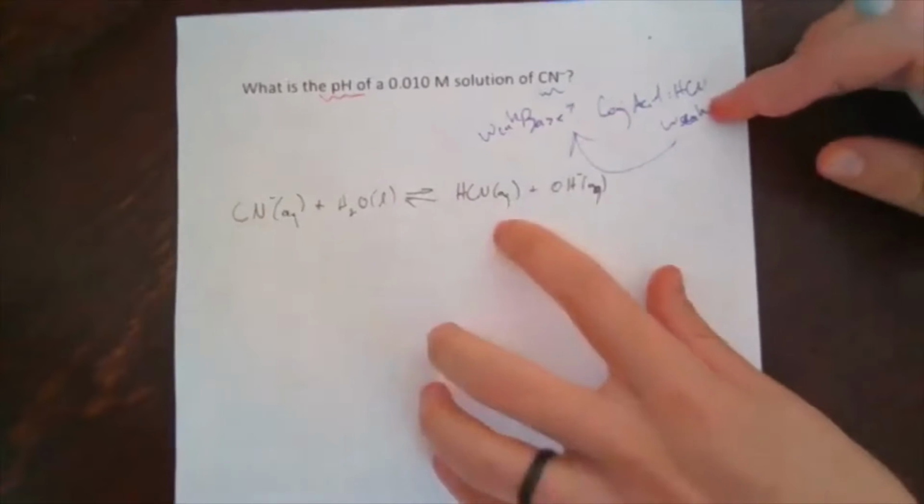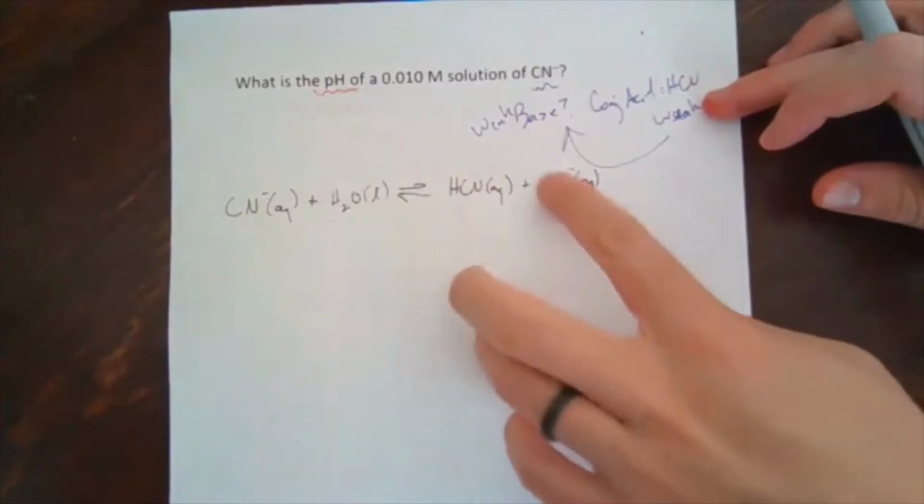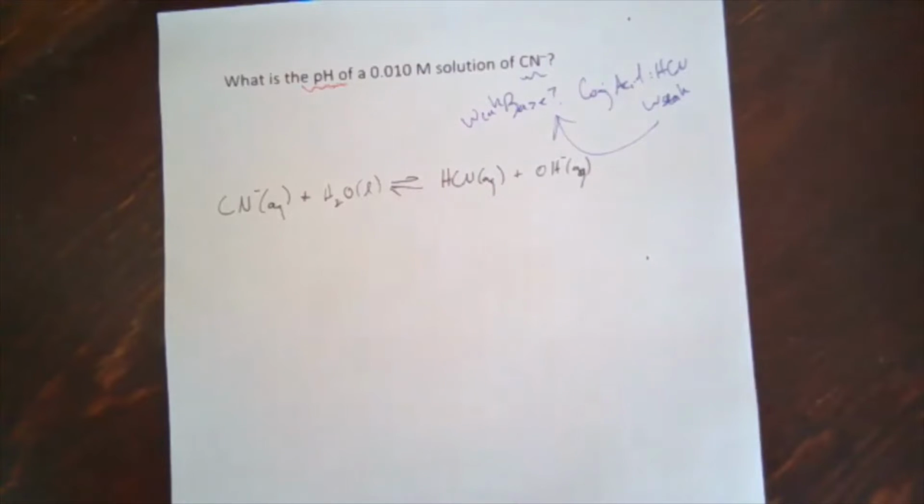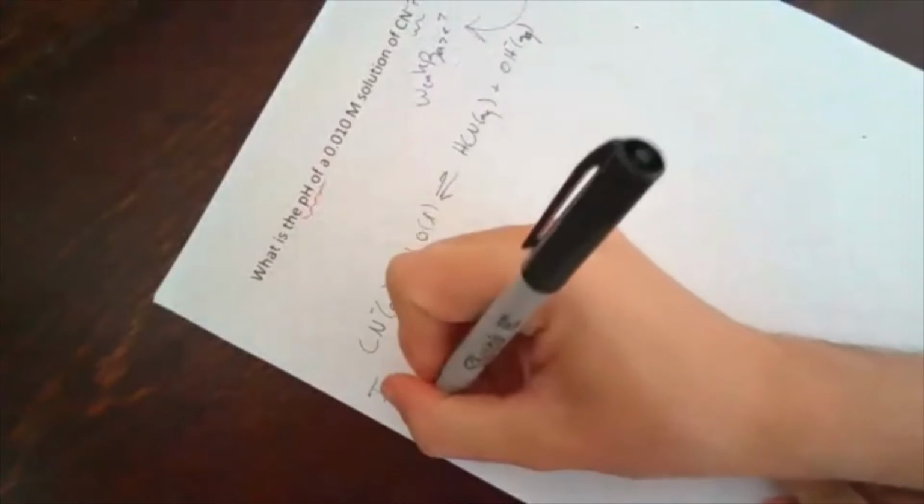If we want to know the pH, we want to know the amount of hydroxide that is present. What's the concentration of hydroxide at equilibrium? We can calculate that value by using an ICE table. So in this case, we have our ICE.